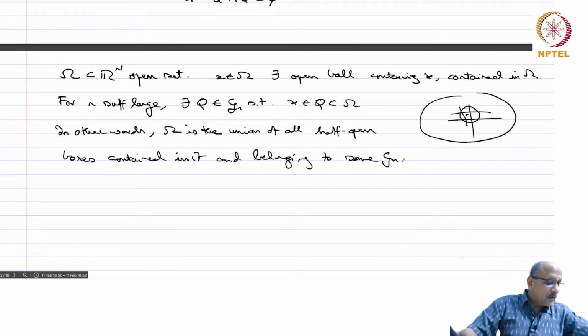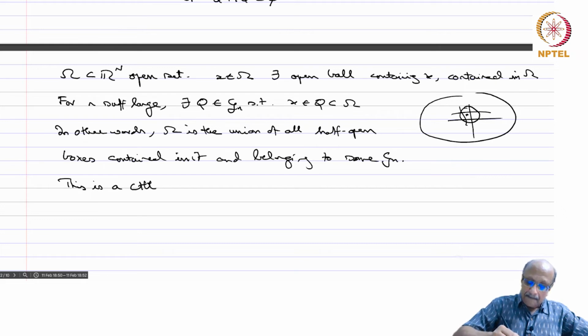Okay, so it doesn't matter. So this is a countable collection but may not be disjoint.